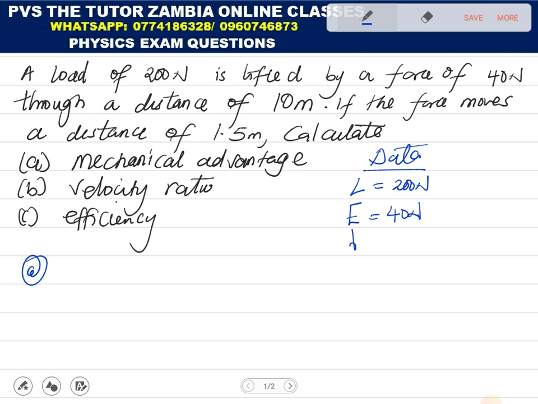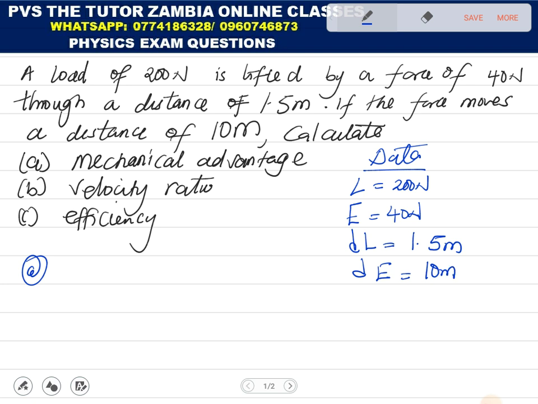Then the distance moved by the load is 10 meters. Okay, let's do this. Wait a minute. Let's make some changes. The distance moved by the load, let's put 1.5. And the distance moved by the effort, we call it 10 meters.